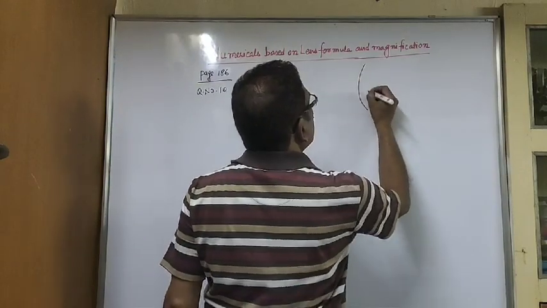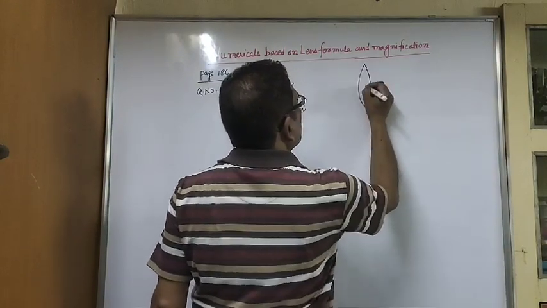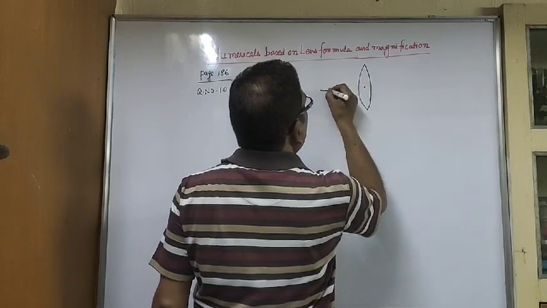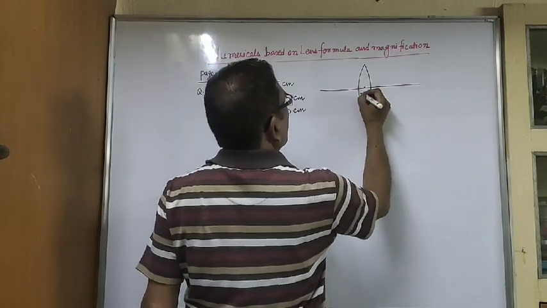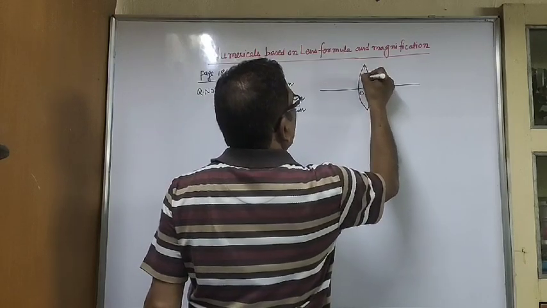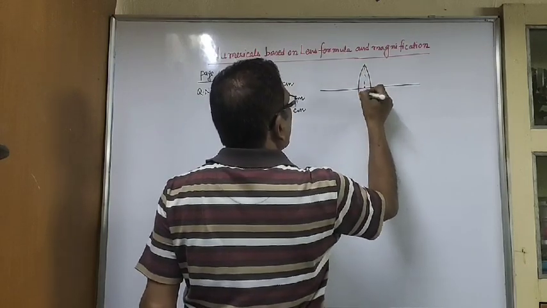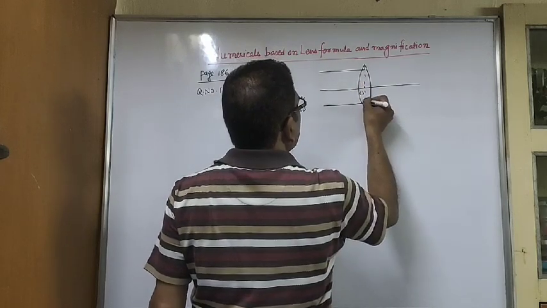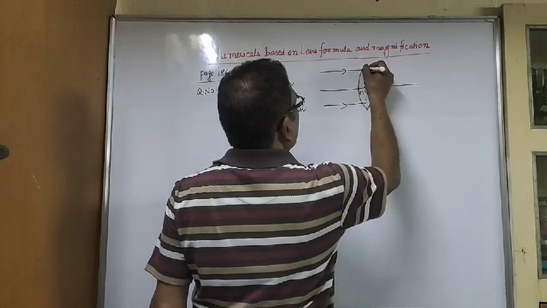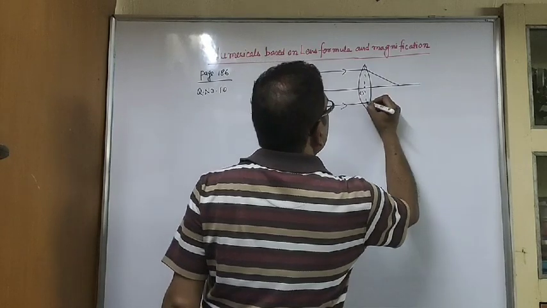You recall the concept that suppose this is a convex lens and if parallel rays of light fall on it, then after refraction they meet at a point on principal axis.